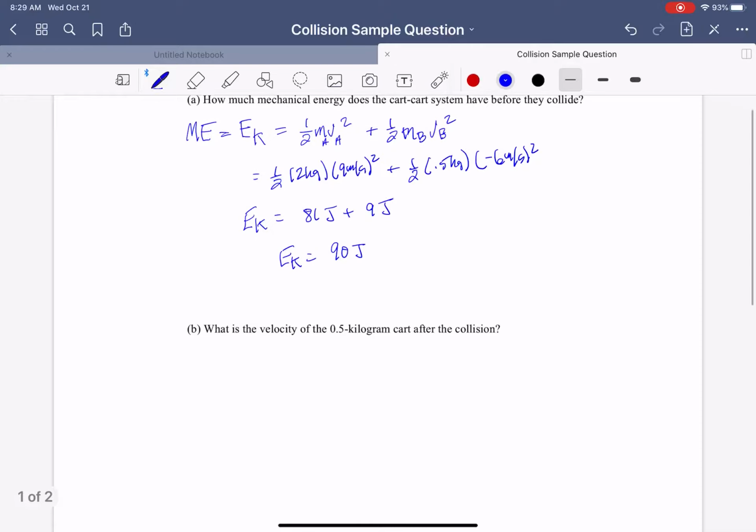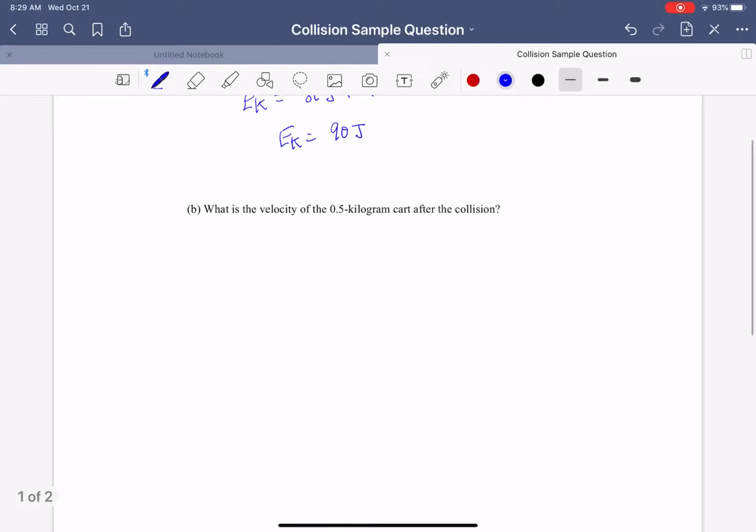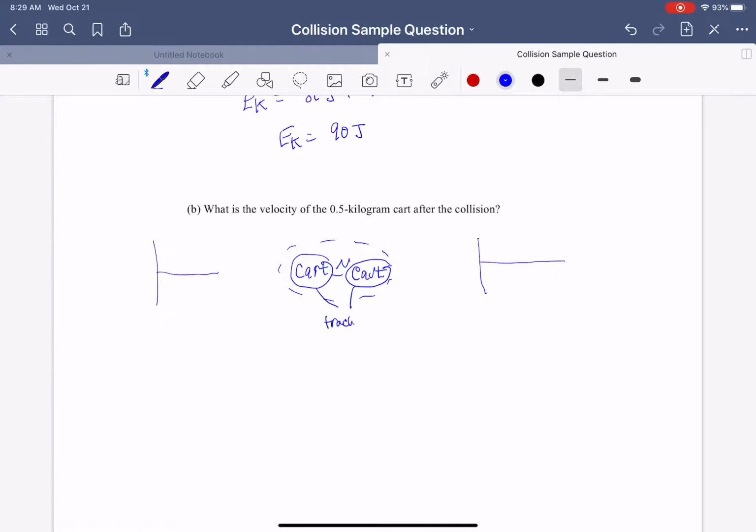Then it says, what's the velocity of my 0.5 kilogram cart after the collision? Well, we can do one of those diagrams that we've been talking about to give us a guess, or an estimate. Here I have my cart system, and those are interacting with the track and with the earth.